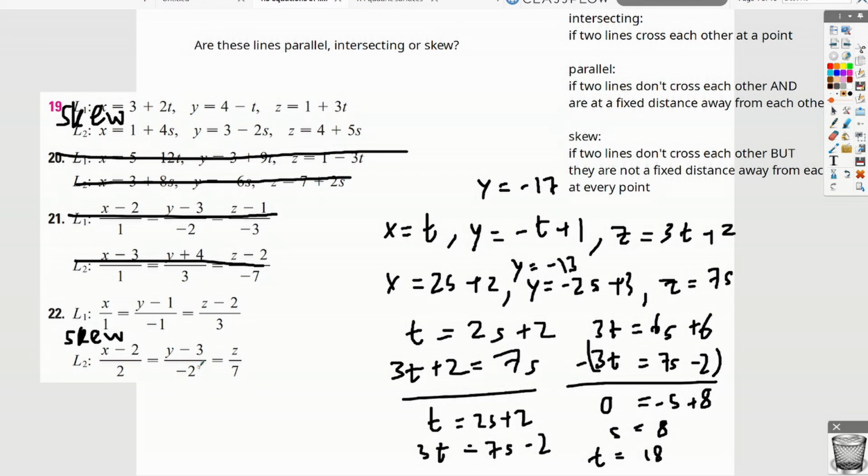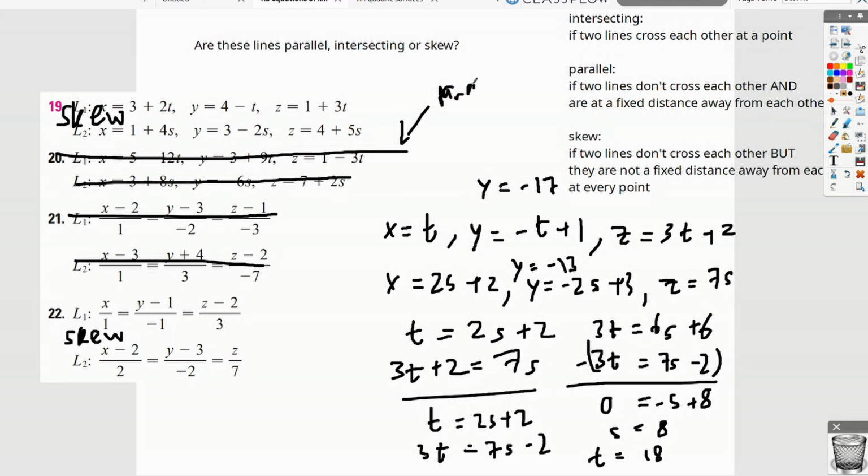I should probably do some examples where they aren't skew lines, but it just happens that they are skew lines, and I can't really do anything about it. If you want to do 20, which I have crossed out, you can do 20 as well. I can tell you that they are parallel.